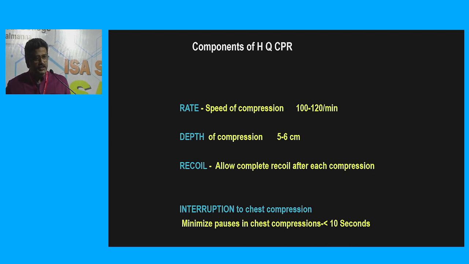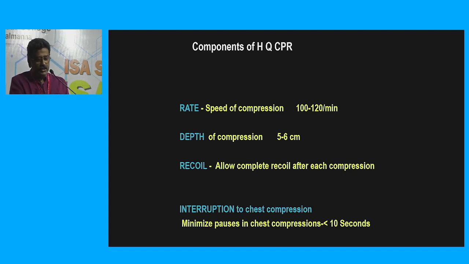Here, AHA writes 100 to 120 per minute. Indian Resuscitation Council Federation has written it as 120. The reason is that if you say 100 to 120, the range, people will be doing maybe around 100 or 120. And if you tell a value of 120, they will not come down from 120.